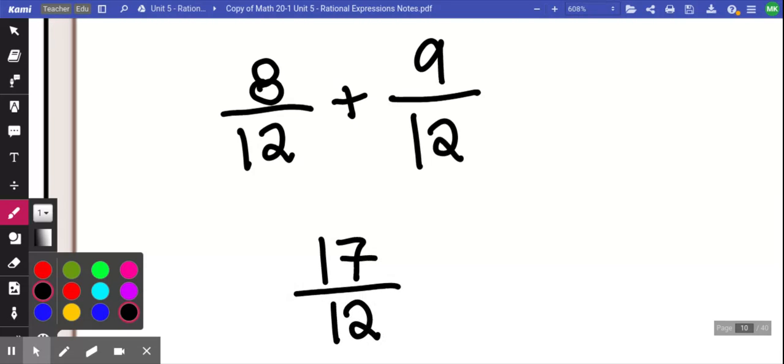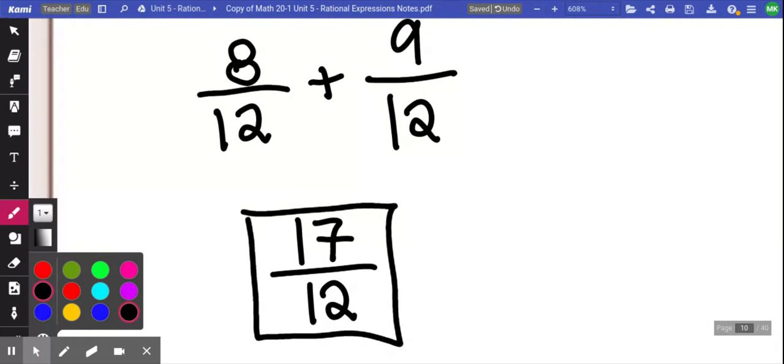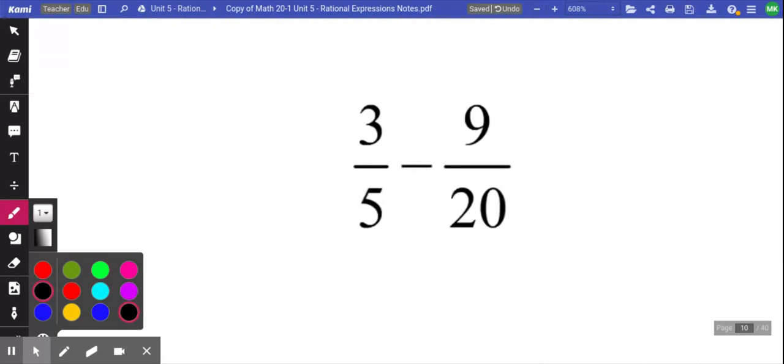Right? The bottom number doesn't change. The top changes because now I have a different amount of them, but the bottom number is telling me the size of something I have. So this becomes 17/12. It doesn't become 17/24, which is what sometimes people do. It's 17/12.